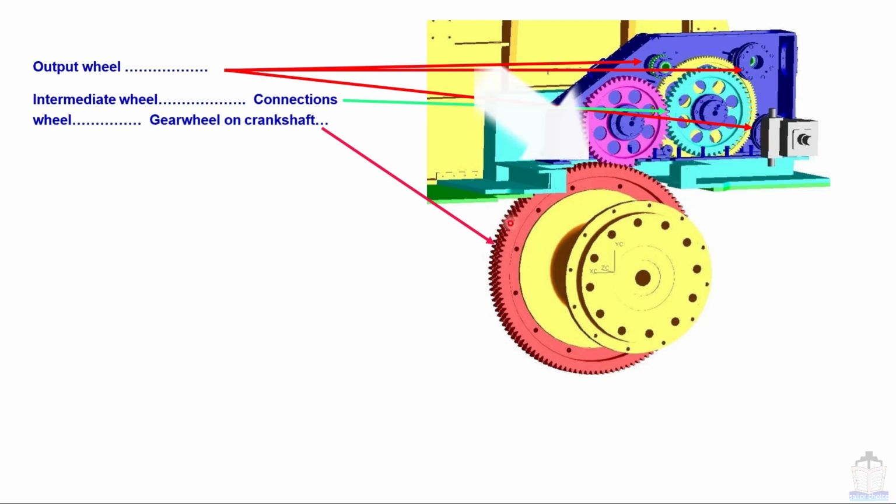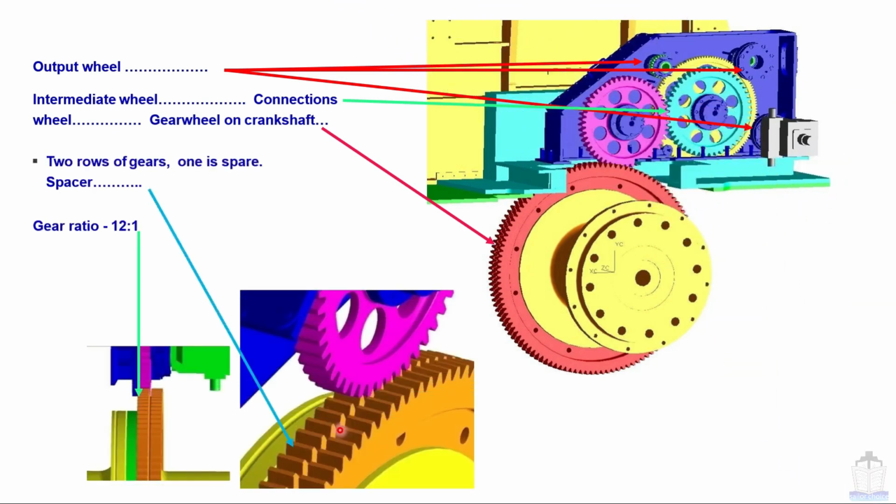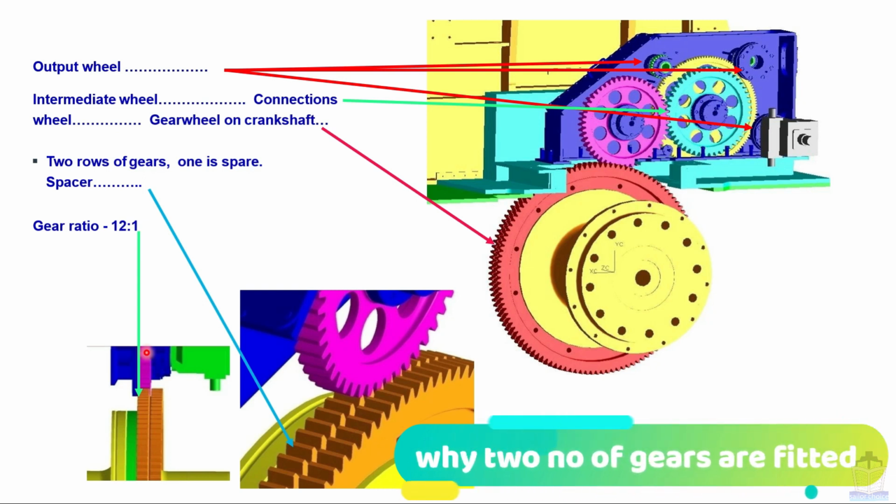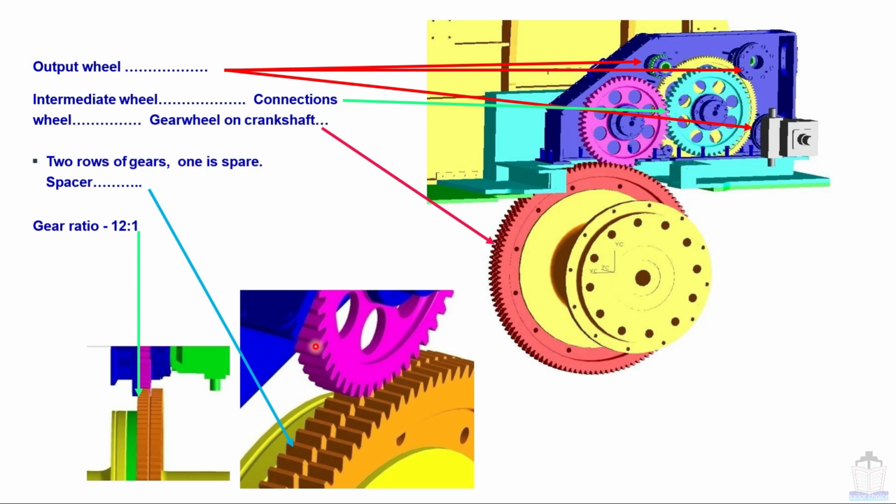This gear wheel is situated on the flywheel. Now if we see the close view of this part, we can see there are 2 gears situated on the flywheel and only 1 gear is provided for the intermediate gearbox. This is the side view of the same. You can see clearly that there are 2 gears situated, whereas the intermediate gear is only 1. Now the question is, why are two gears fitted on the flywheel, whereas the intermediate gears are not provided in two numbers?